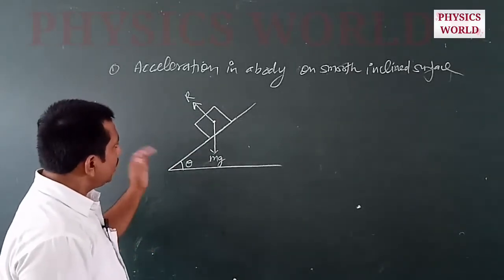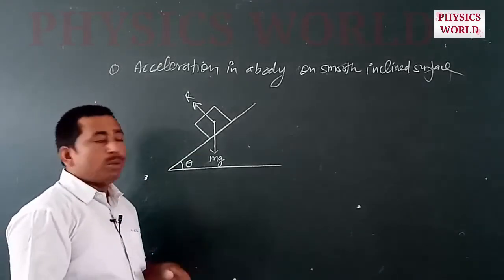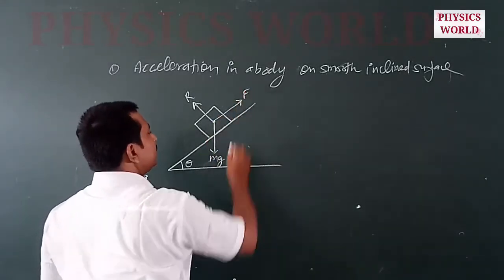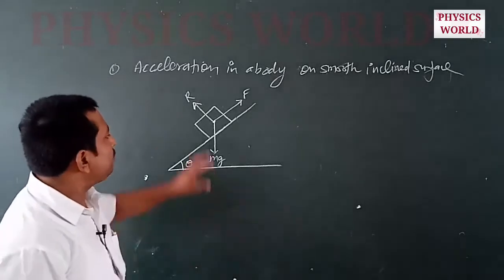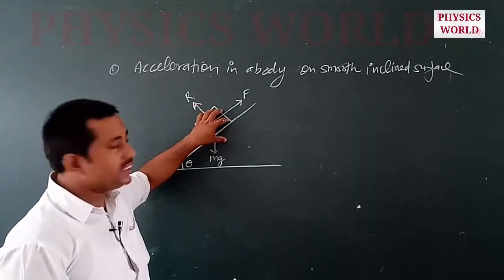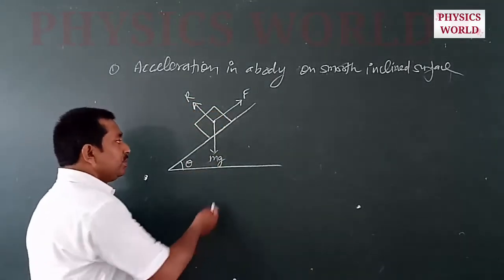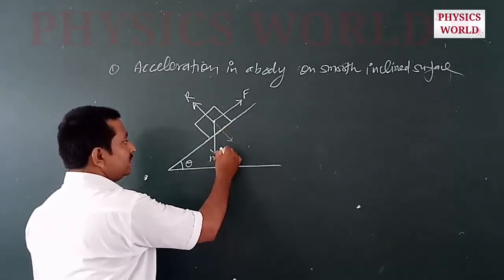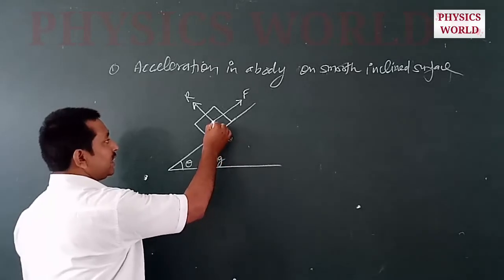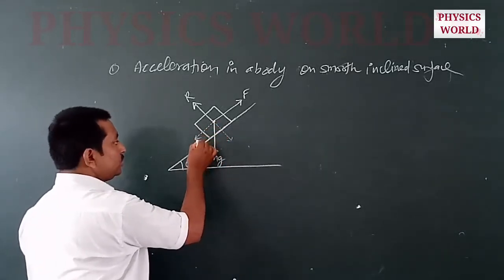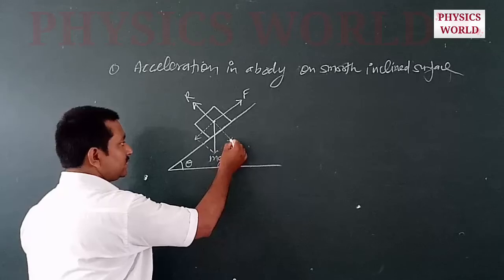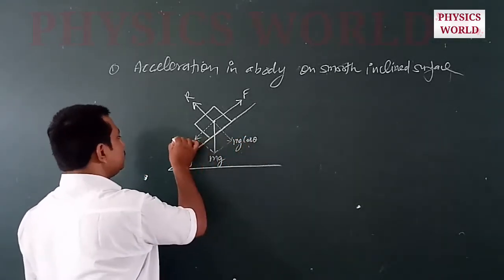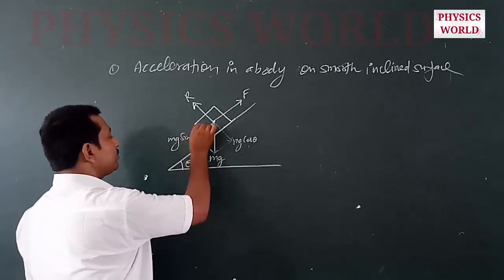So if the object is pulled in the upward direction by a force F, and it is found that the object is initially at rest, then if we resolve mg into its two components, one normal to the contact surface and one parallel to the contact surface, the normal component becomes mg cos theta, and the parallel component becomes mg sin theta.